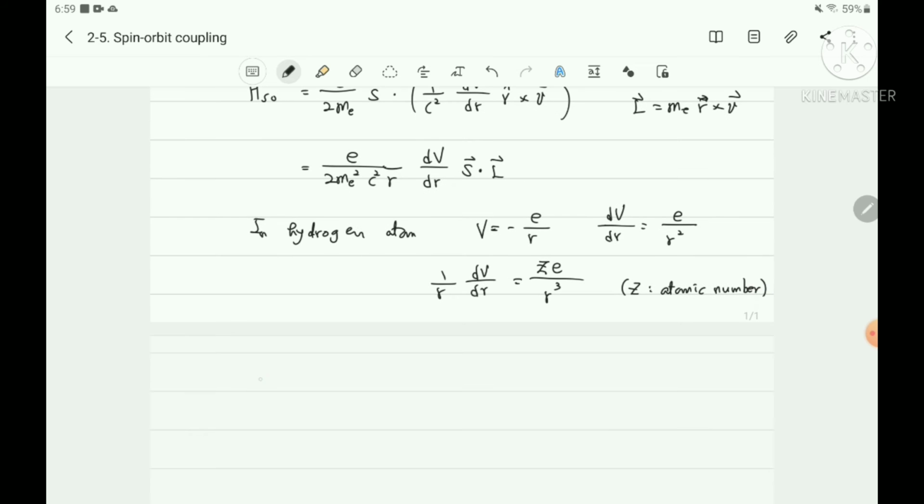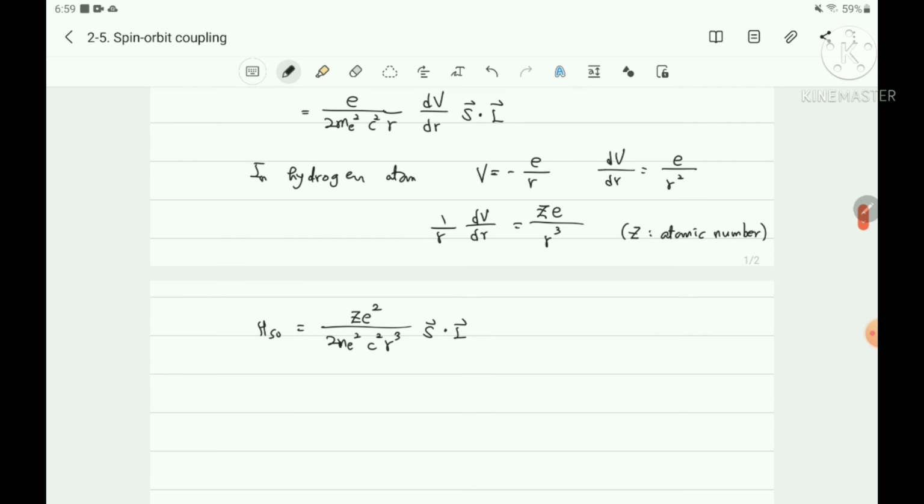Therefore the spin-orbit Hamiltonian can be written like Z e squared over 2 m_e squared c squared r cubed, S dot L. This is a spin-orbit interaction. Here we define the fine structure constant, alpha, as e squared over h bar c.